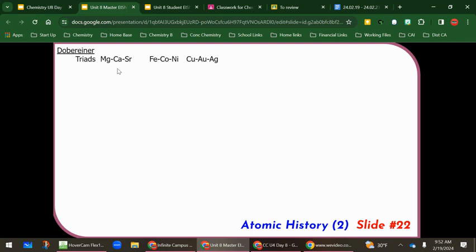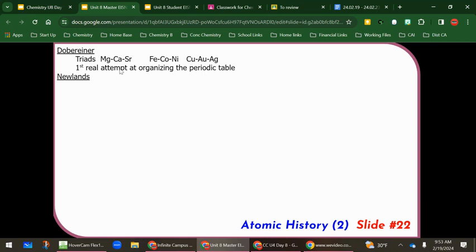They're right above and below one another on the periodic table, aren't they? He put iron, cobalt, and nickel right next to each other on the periodic table. Copper, silver, gold. He did a pretty good job putting elements together based on their properties, but he only did them in groups of 3. He created these triads, and he basically made the first real attempt at organizing the periodic table. First one to make an attempt at organizing the periodic table.